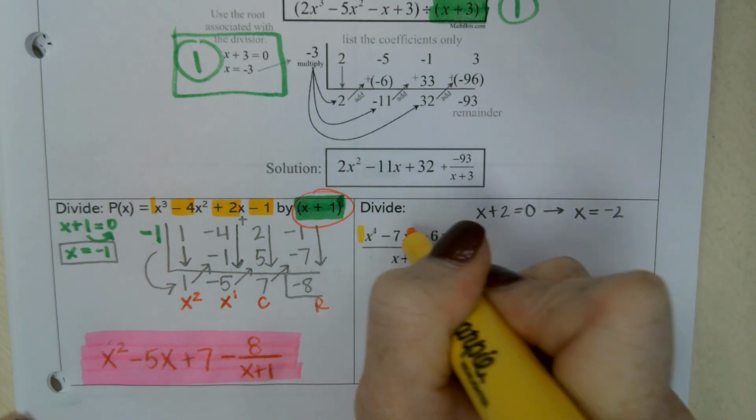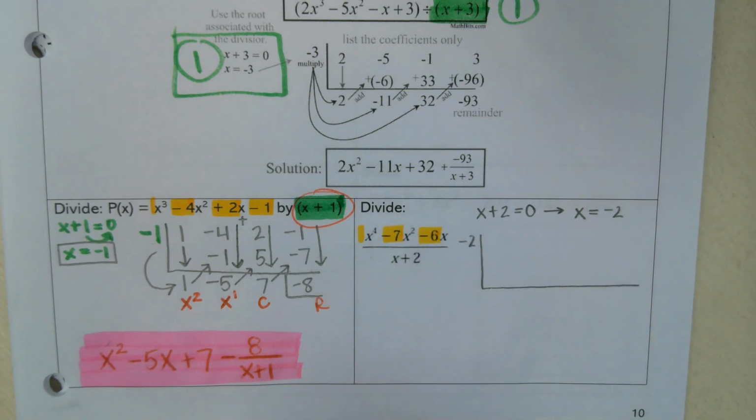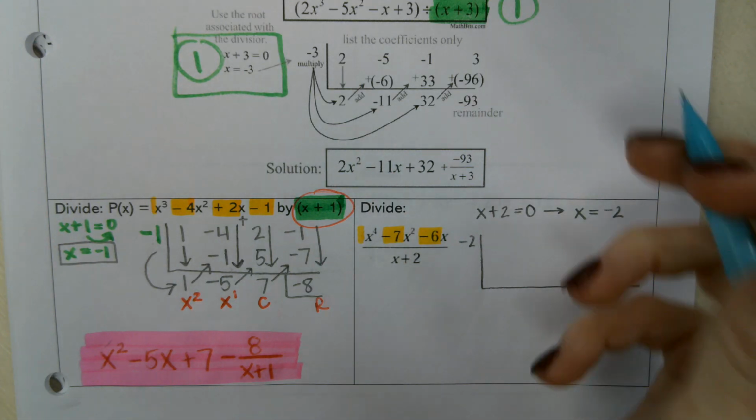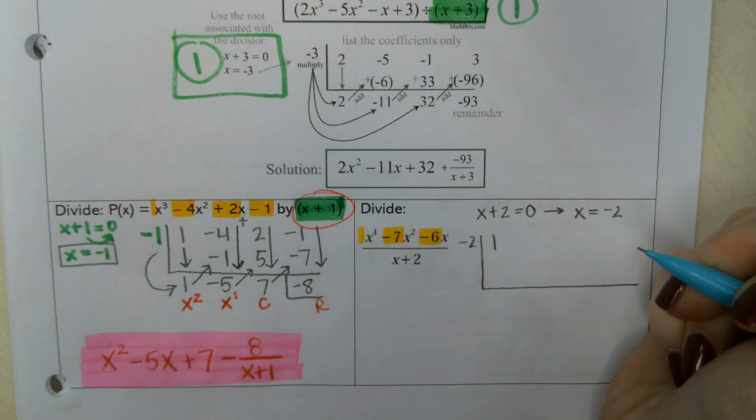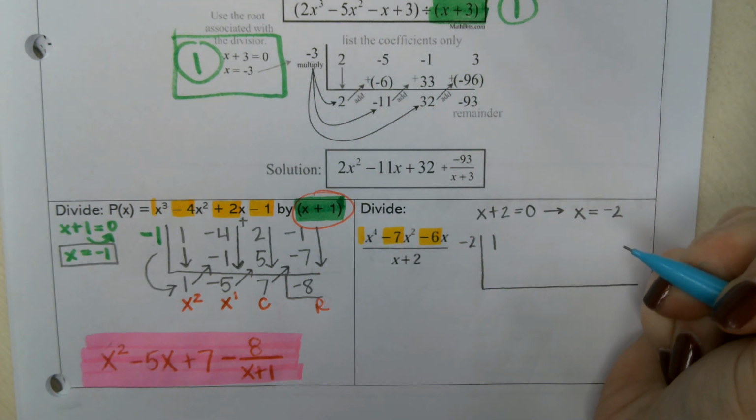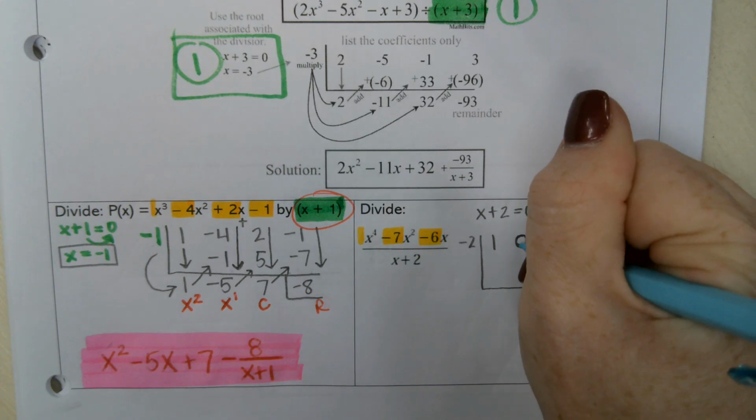This is where I go get my coefficients, but I'm also paying attention to my powers that I do or do not have. I'm starting out with 1x to the 4th. Do I have an x cubed? So you got to put a 0 next.